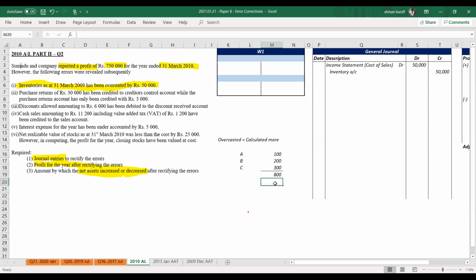Casting means totaling, so it is a casting error, a totaling error. Right.